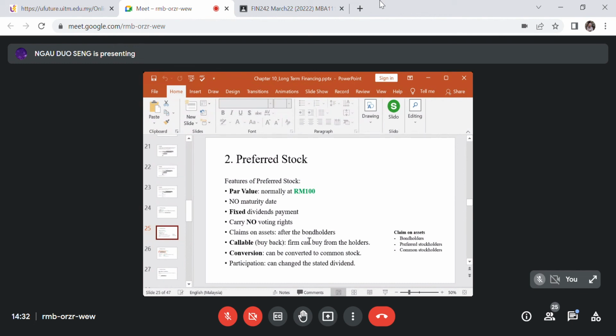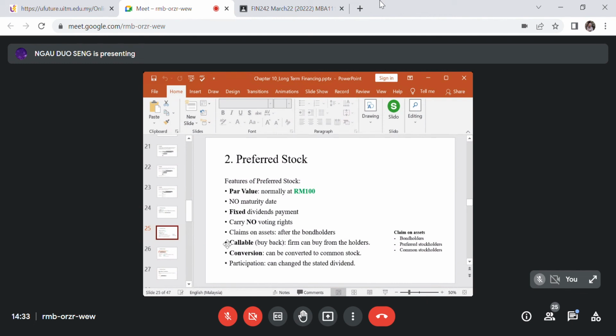And shareholders kena jual. Ini adalah power, right? Yang ada pada syarikat. Syarikat dia ada duit, they have money, extra money, they want to buy back atau callable preferred stock syarikat sendiri, dia boleh. Kalau preferred stock dia tak ada option ini, callable option, then dia tak boleh panggil balik.